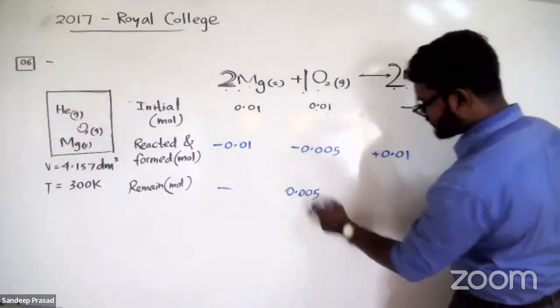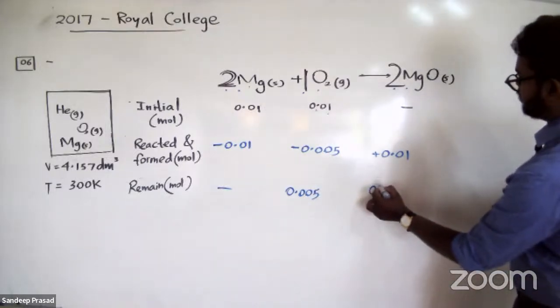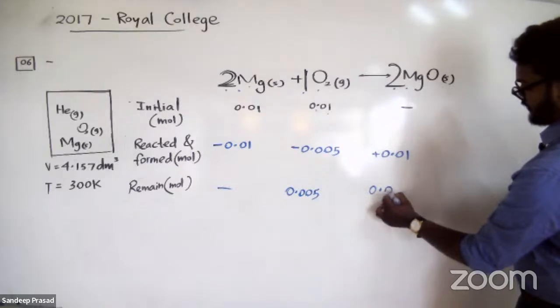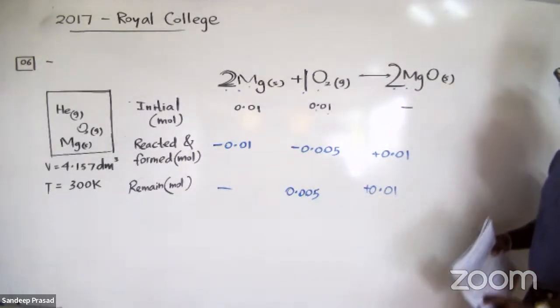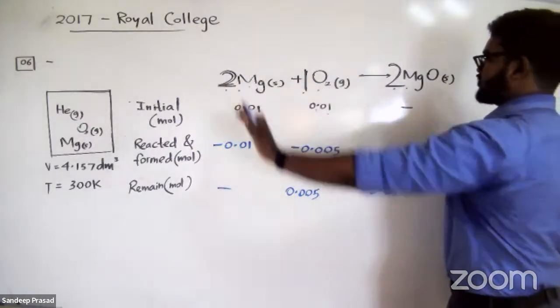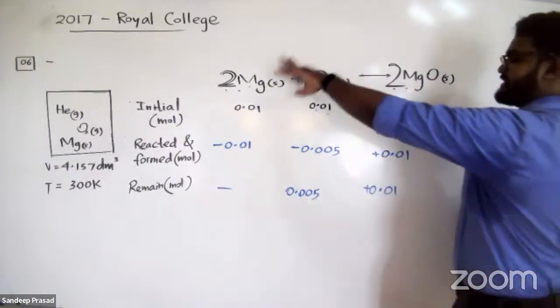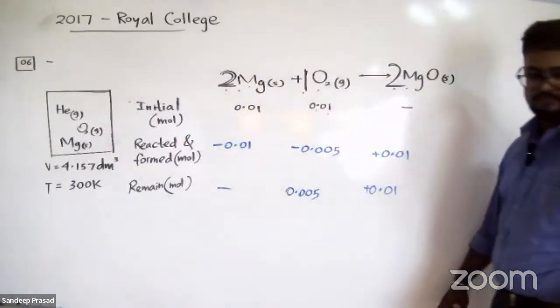Then remaining amount is 0.005. Got it? So magnesium oxide is 0.01. So after the combustion reaction, now magnesium metal is gone. Magnesium metal is gone. Magnesium is totally consumed.